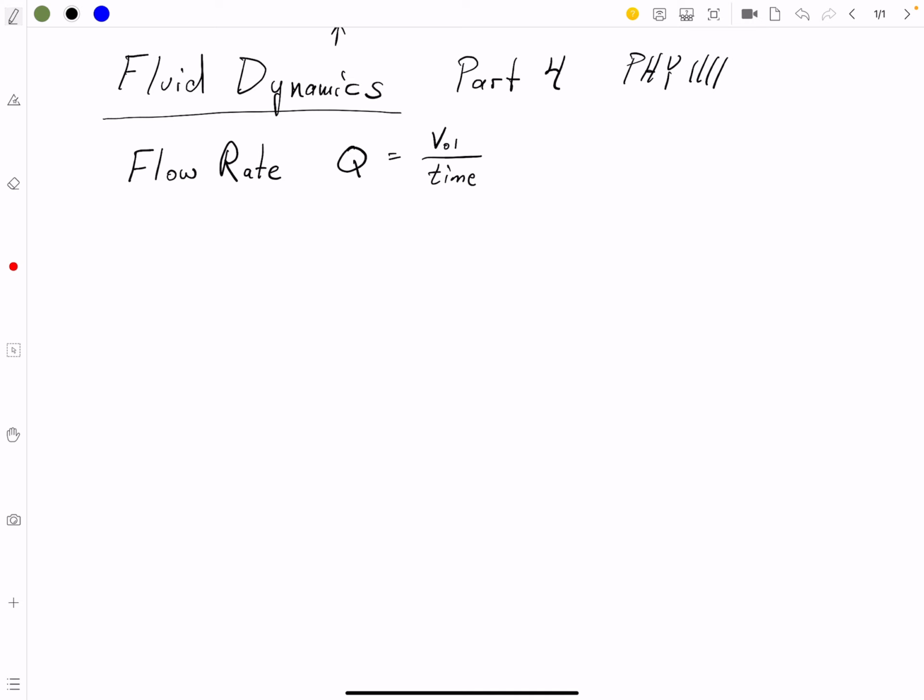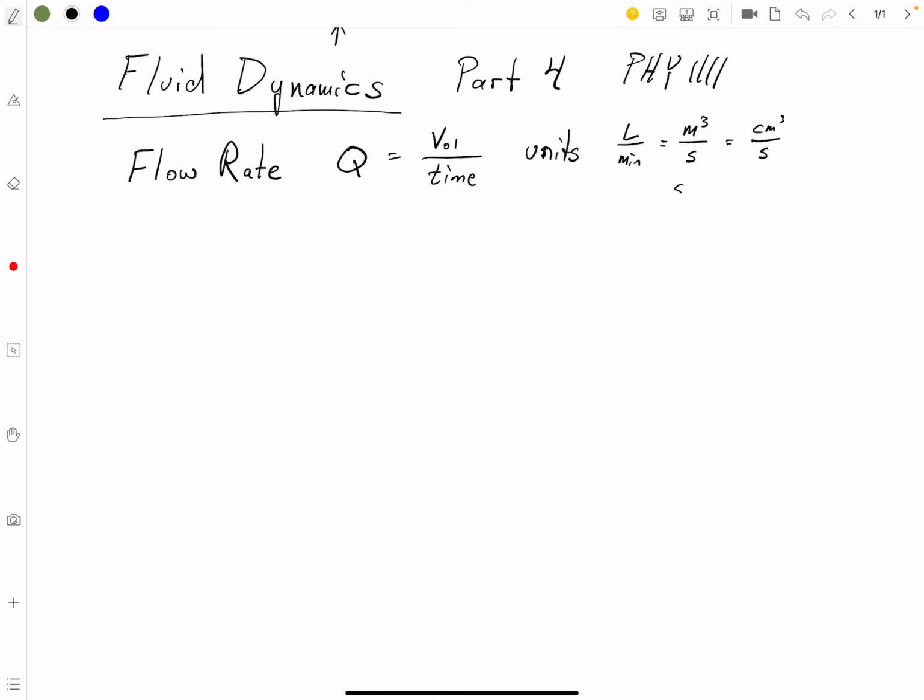And in our SI system, our units are going to be liters per minute. That also equals meters cubed per second. And then we've got centimeters cubed per second.